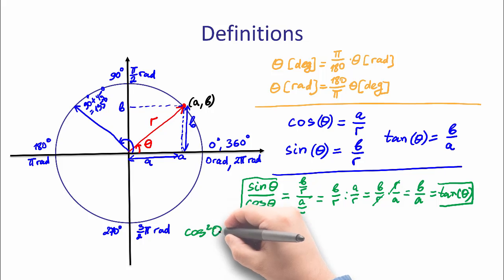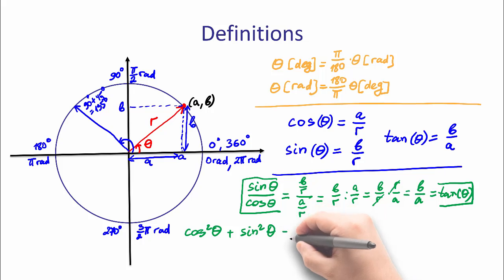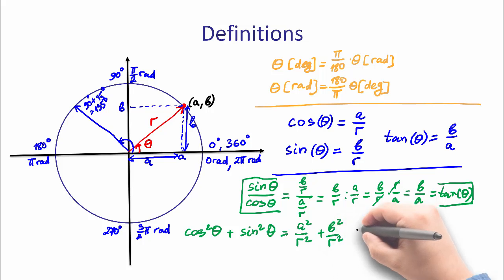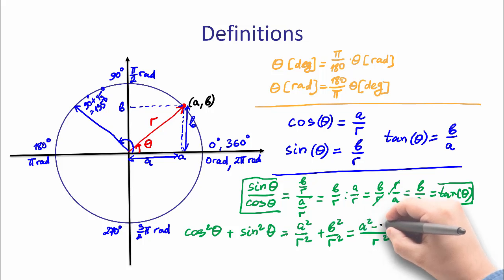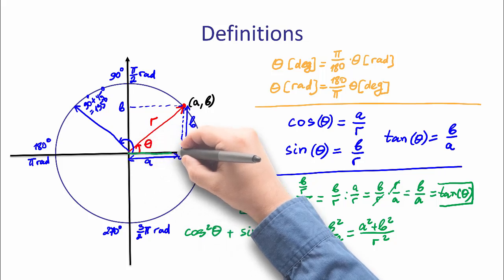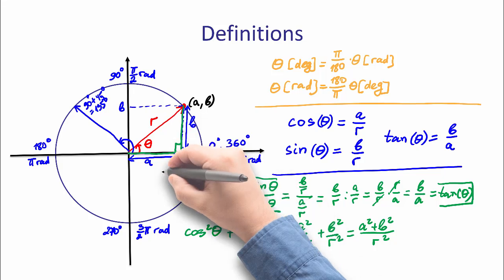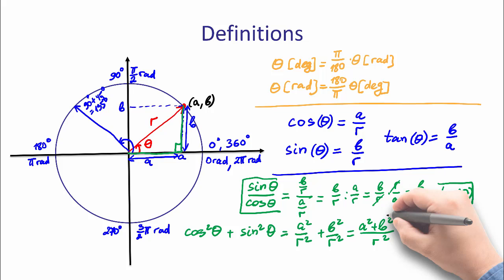Cosine squared theta plus sine squared theta equals a squared over r squared plus b squared over r squared, and it equals, with common denominator r squared, a squared plus b squared. But pay attention what a and b are. Those are sides of right triangle here. So by Pythagoras theorem, a squared plus b squared equals r squared.